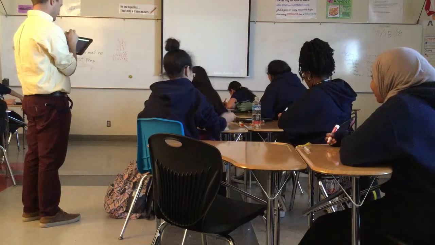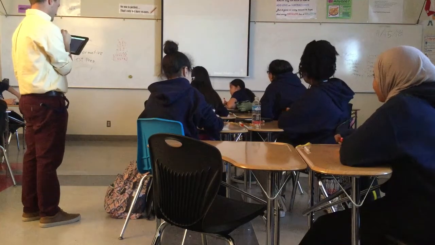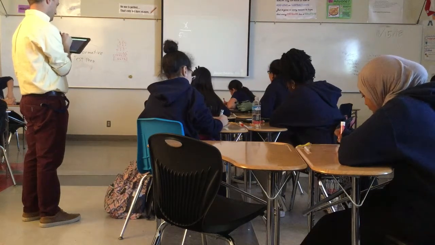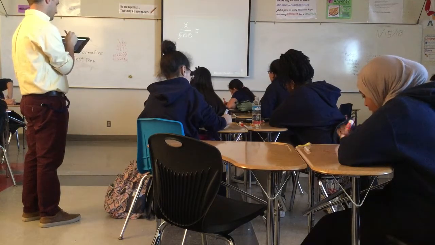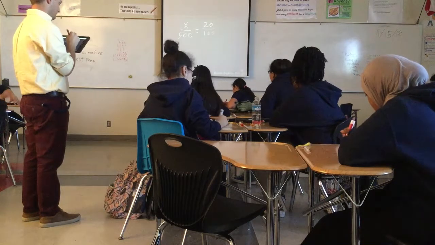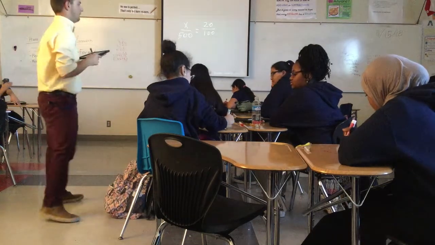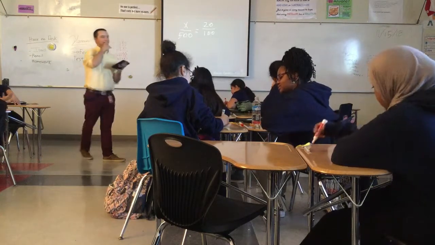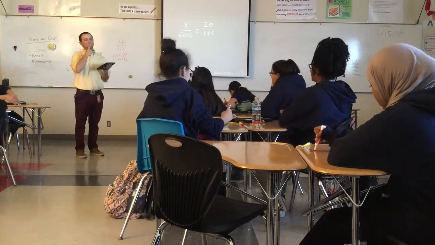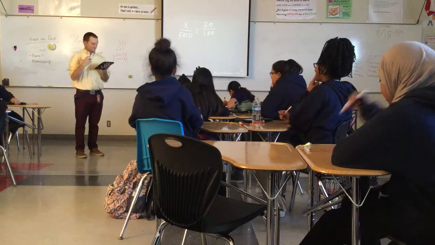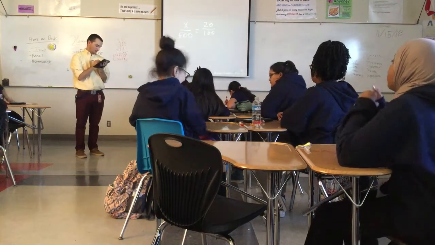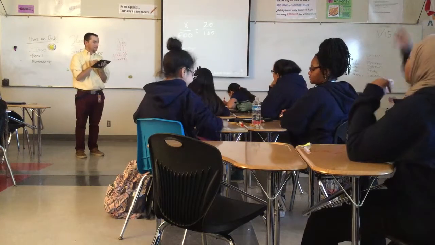Alright, here we go. So what do we have? We had our part over our whole, and that was equal to our percent over our total. Now, before I do it this way, I want to remind you guys how we could find 10%.